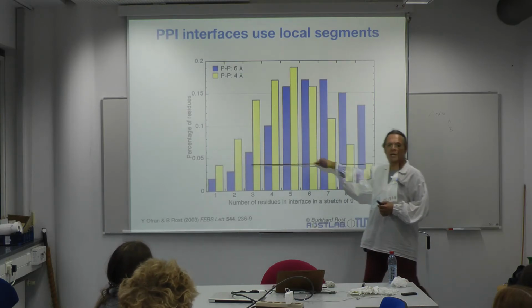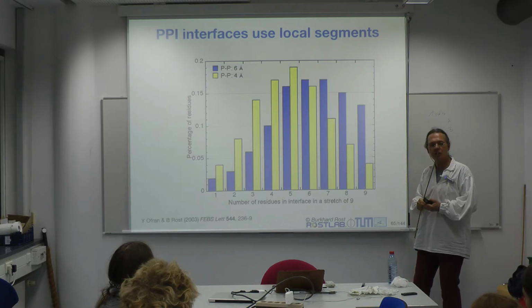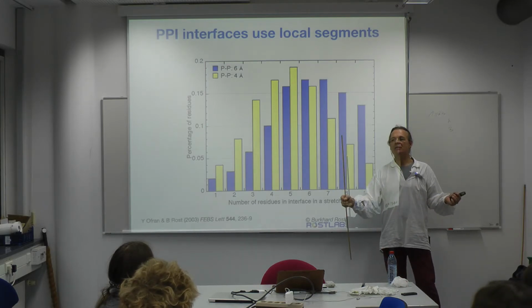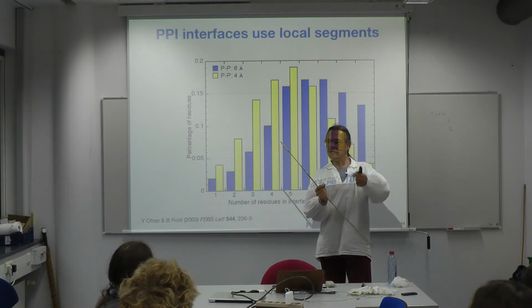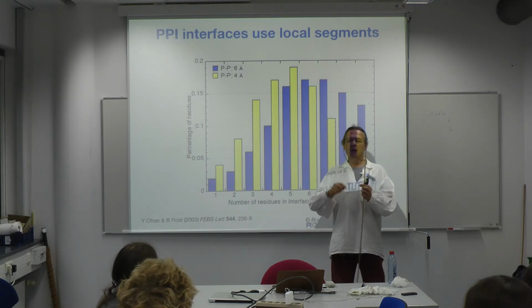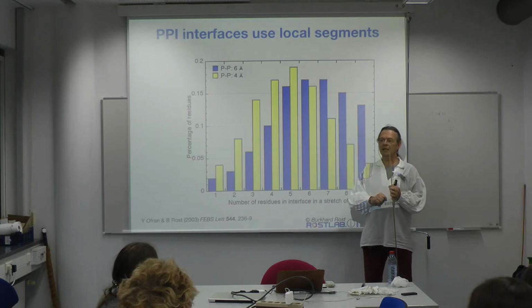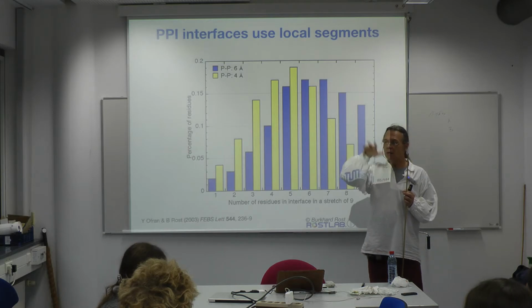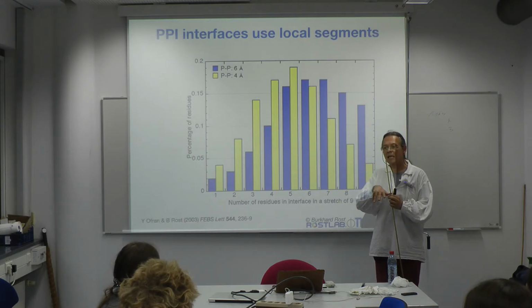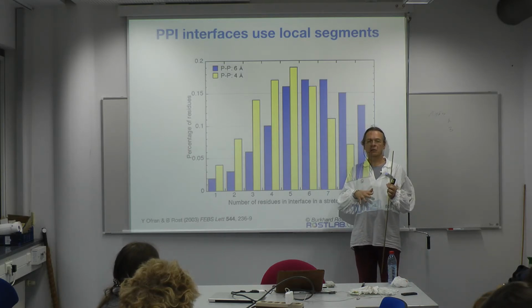What I show here is how many residues are in connection in 9 consecutive sequence residues. You cut 9 consecutive residues out of the interface, and you ask if the central one is in a protein interface, what's the probability that the others around it are also in an interface?